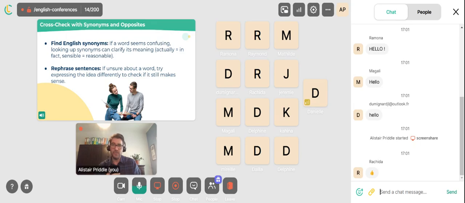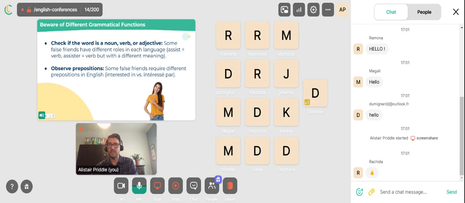So the other strategy is to rephrase sentences. If unsure about a word, try expressing the idea differently to check if it still makes sense. All very good strategies.